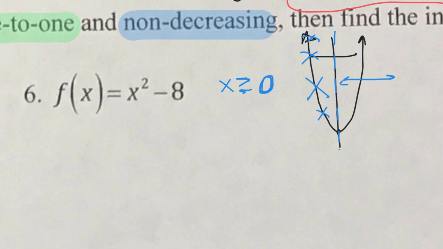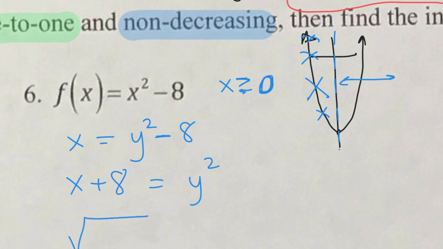Okay, so I have a domain restriction of 0 or bigger in order to be able to find the inverse, because I can't find the inverse of something that is not 1 to 1. So we restrict the domain in order to have a 1 to 1 function. And that is going to be your answer.